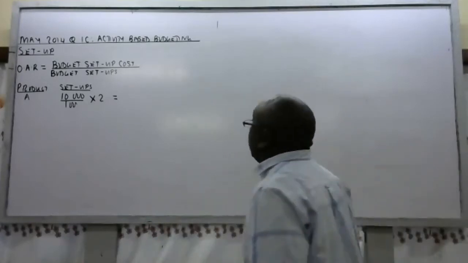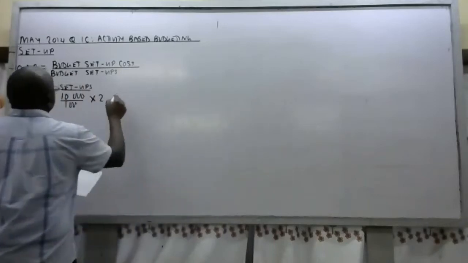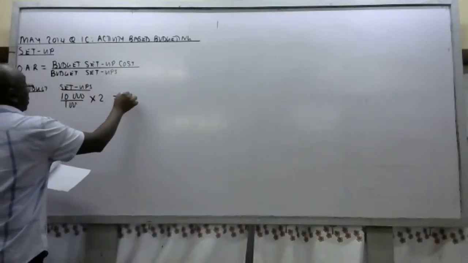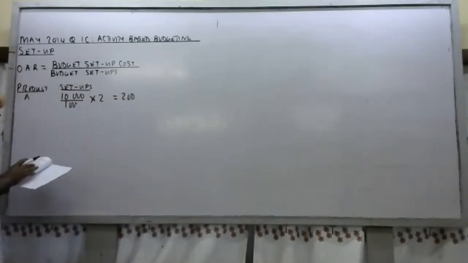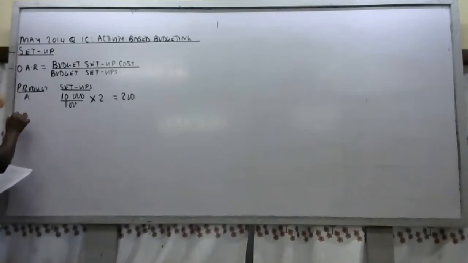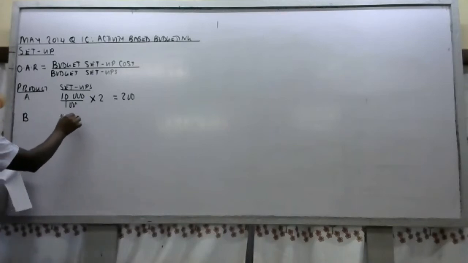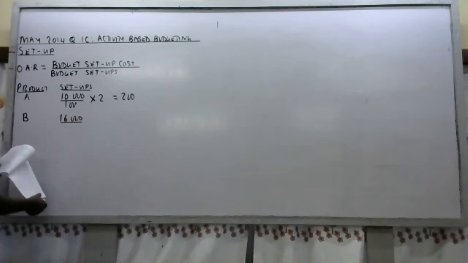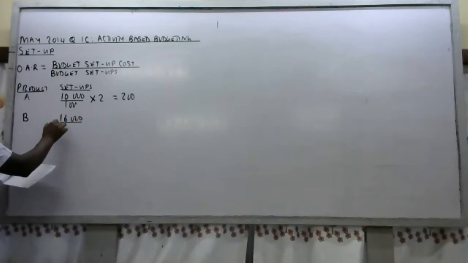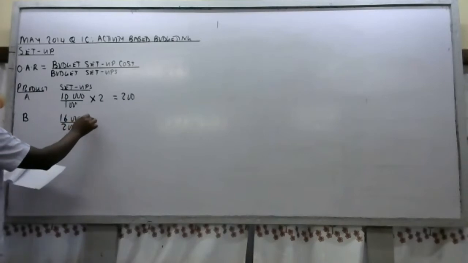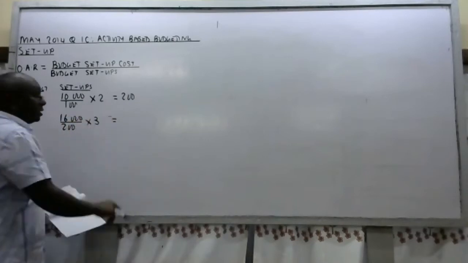Good. I can see we have 200. Let us go to B. B, we argue the same way. It is 16,000. You divide by 200. Then you multiply by 3.